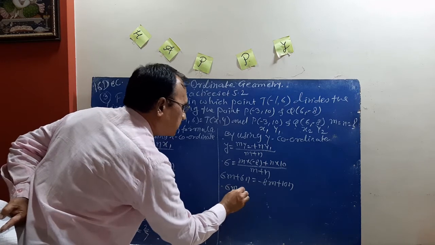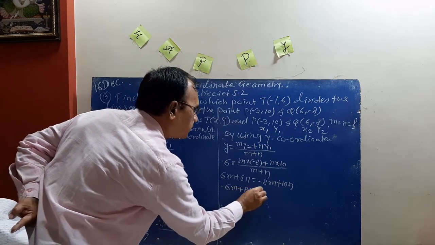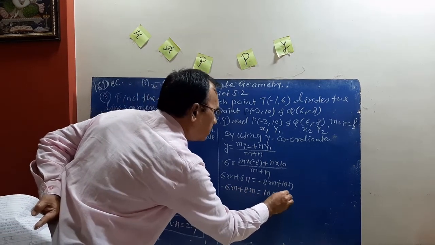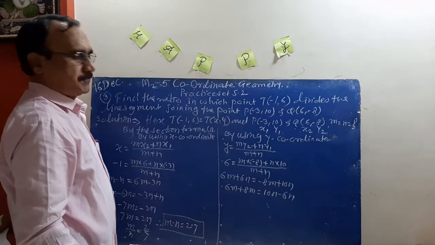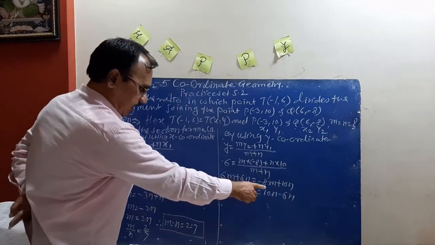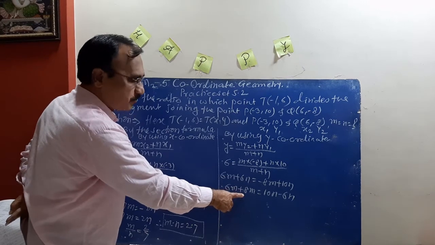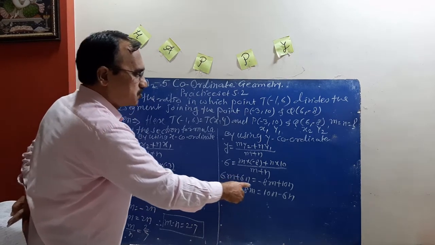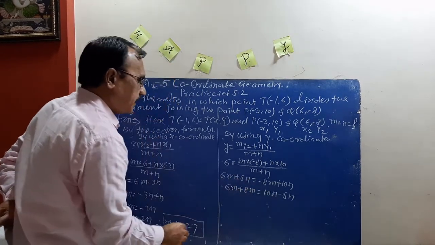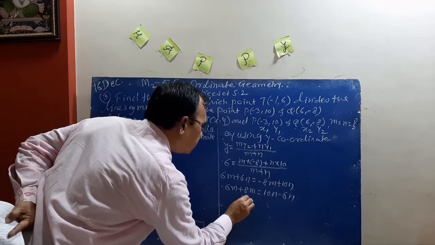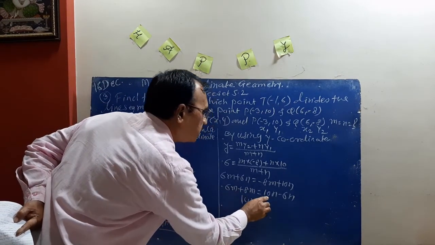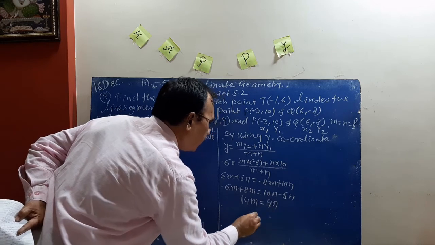6m plus 8m is equal to 10n minus 6n. -8m comes on this side, it becomes plus. Plus 6n goes on that side, it becomes minus n. 6 plus 8 is 14m. 10 minus 6 is 4n.